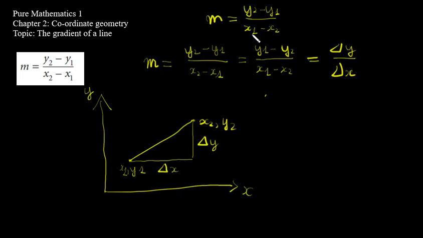If x1 is greater than x2, then x1 minus x2 will be a positive number, but x2 minus x1 is actually a negative number. So when you do it like that, you change the sign, you change the slope of this line, which is not correct, because positive and negative are different situations. So please remember that, don't do it like this.